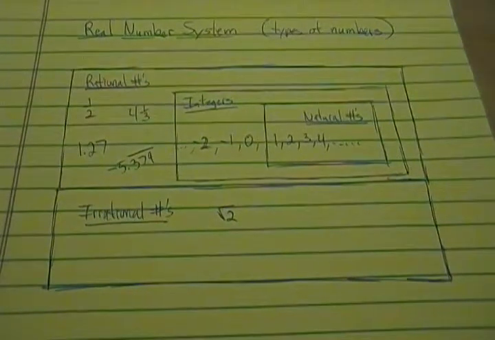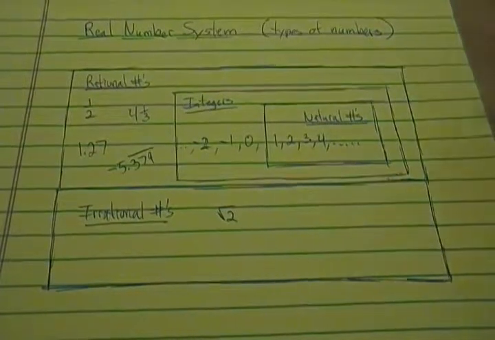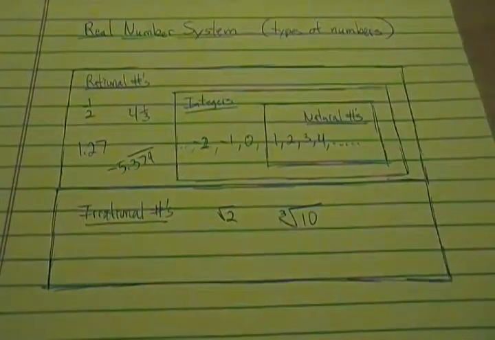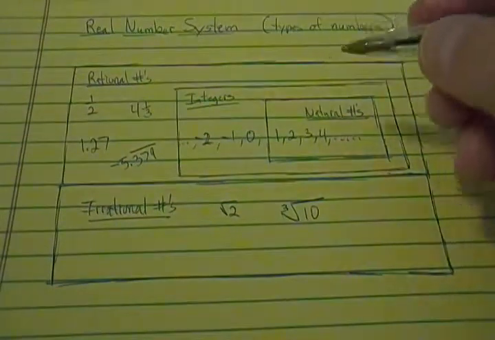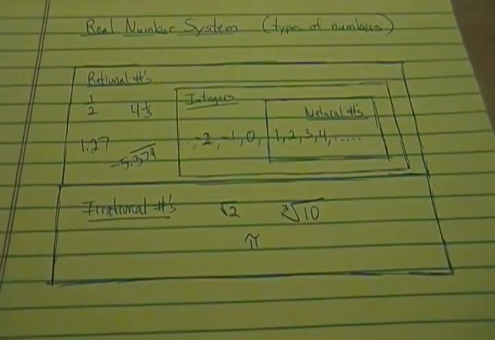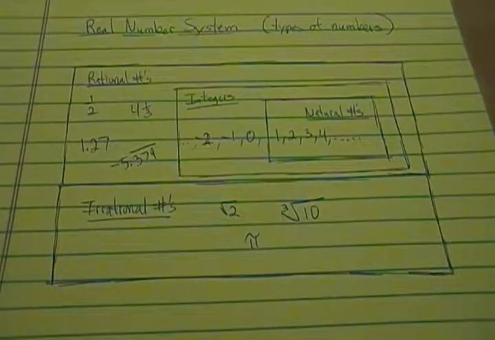That decimal number is going to keep on going forever with no real pattern to it. So something like the square root of 2, the third root of 10, that would be another irrational number. A number like pi is an irrational number. Basically anything that involves pi, or a lot of numbers that are inside roots, are what we call the irrational numbers. You cannot write those as a fraction of integers, basically.